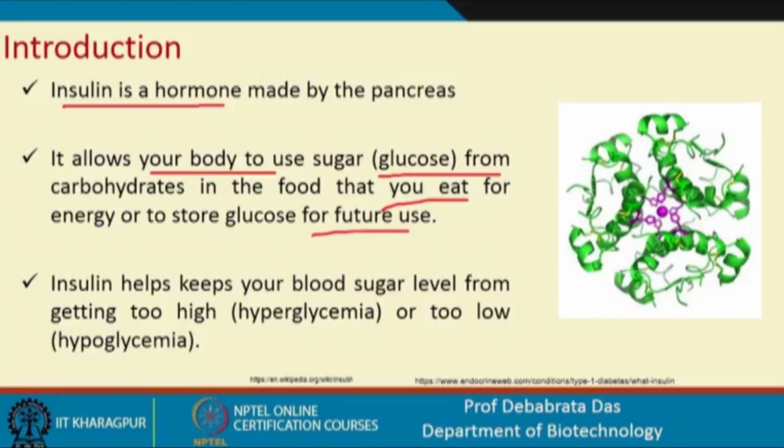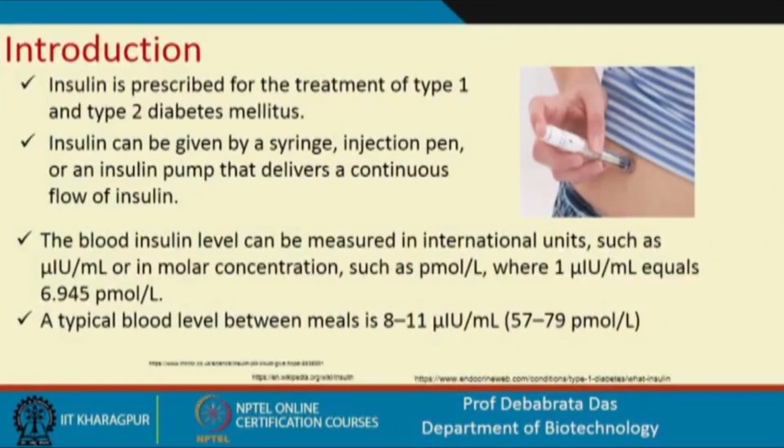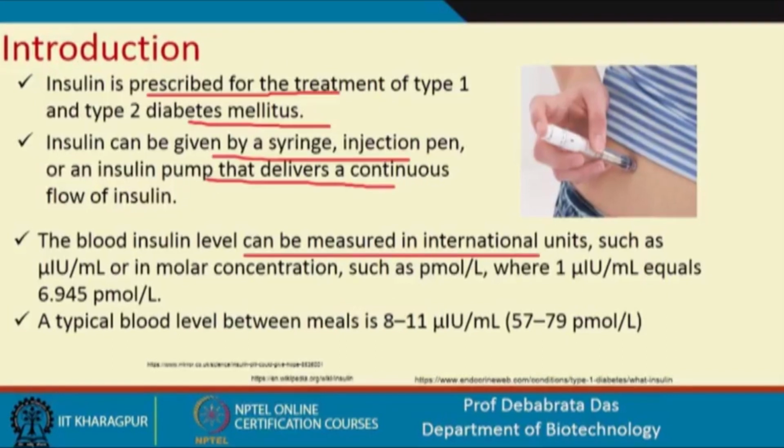Hypo stands for low sugar level, and hyper stands for high sugar level. Now insulin is prescribed for the treatment of type 1 and type 2 diabetes mellitus. Those are the two types of diabetes that we have.